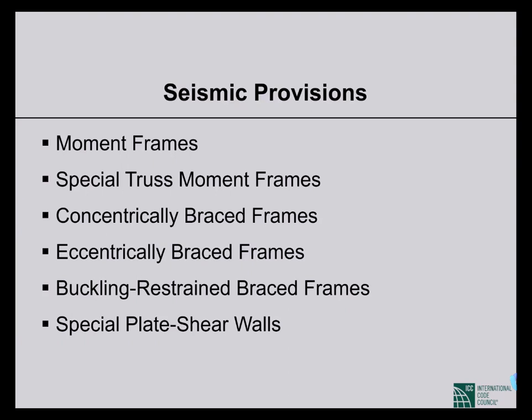Let me first admit that I cannot cover all the aspects of seismic provisions comprehensively in this talk, because it will require a long time to cover all the different topics.